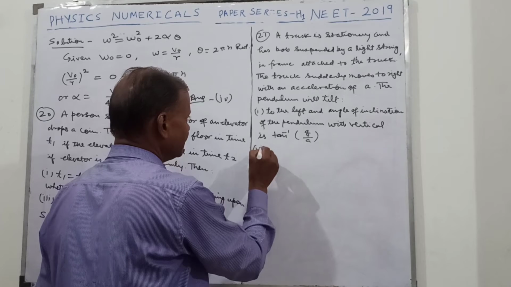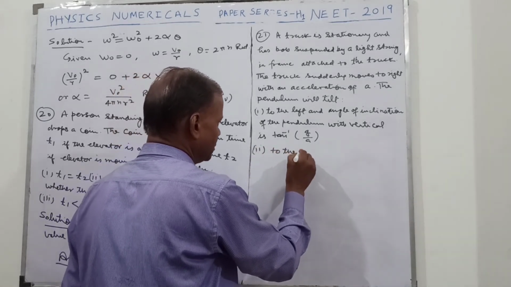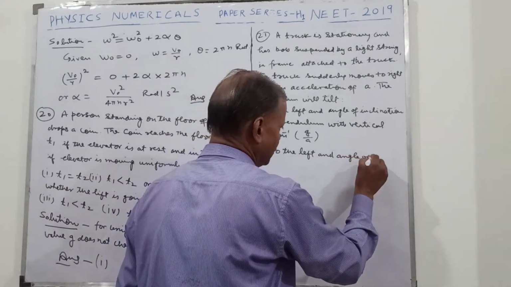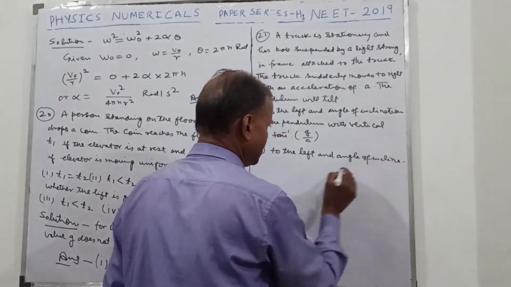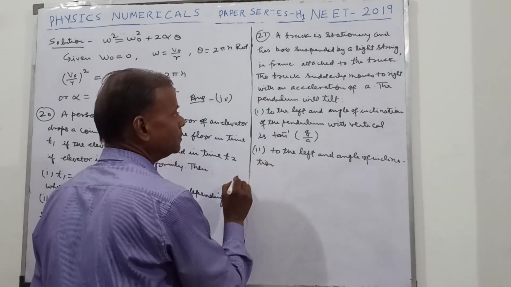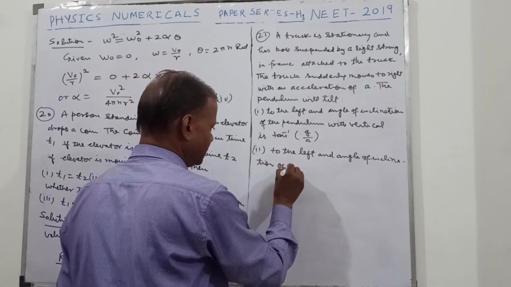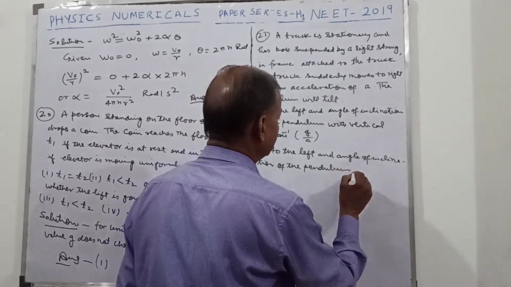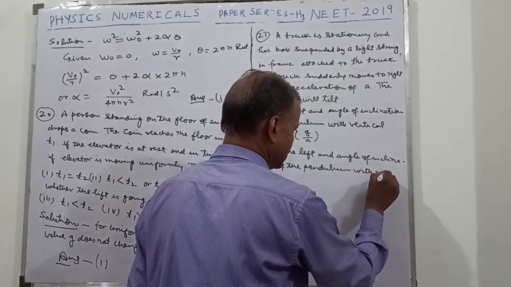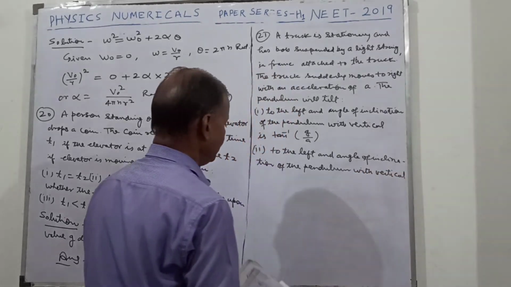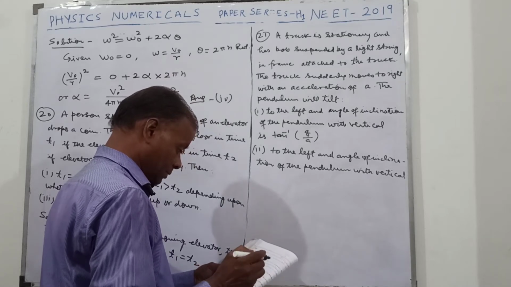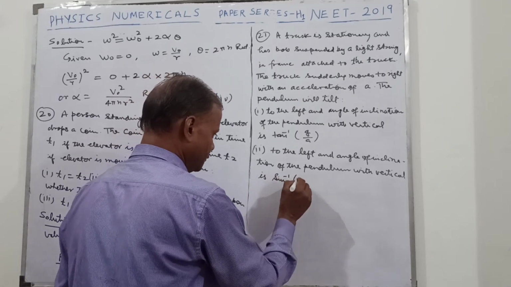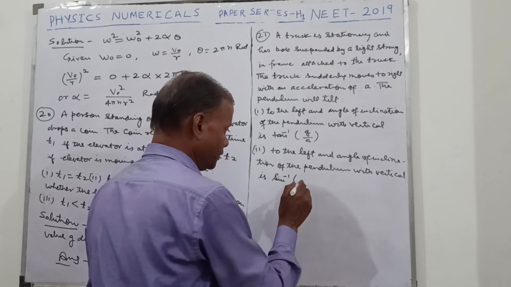Now second option, to the left and the angle of inclination of the pendulum with vertical is sine inverse g upon a.